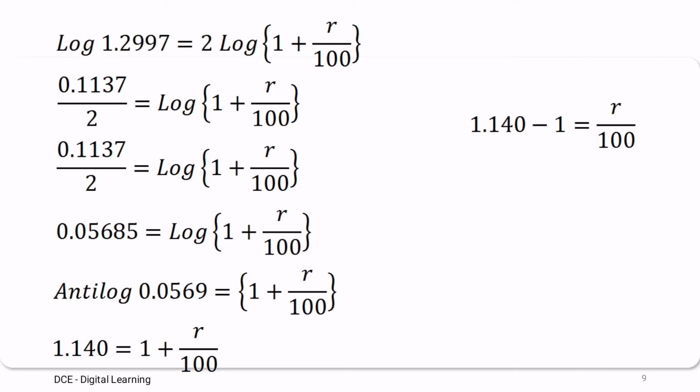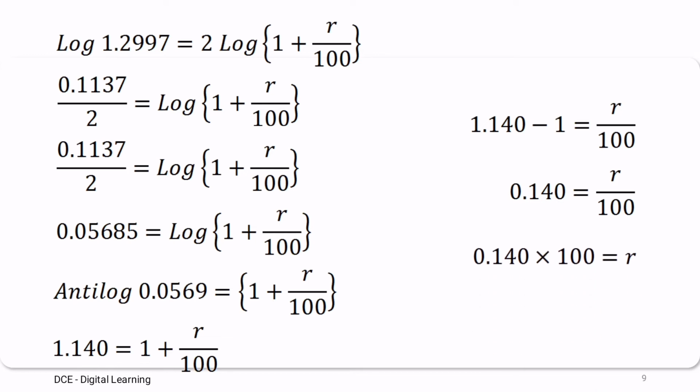So 1.140 minus 1: plus 1 goes from the right hand side to the left hand side and becomes minus 1. So 1.140 minus 1 equals R divided by 100. So 1.140 minus 1 is 0.140, which equals R divided by 100.